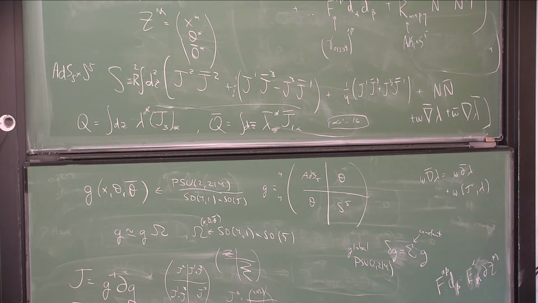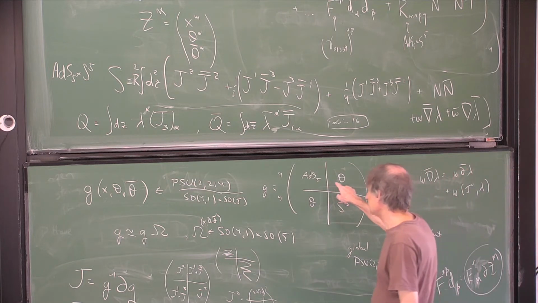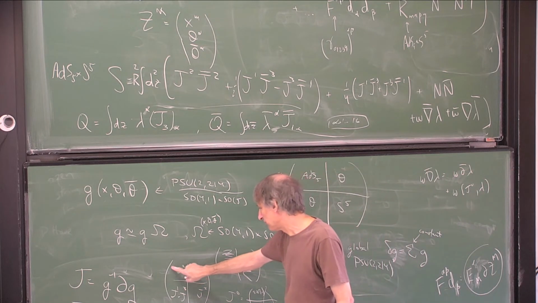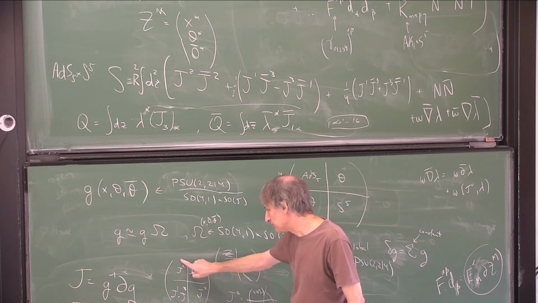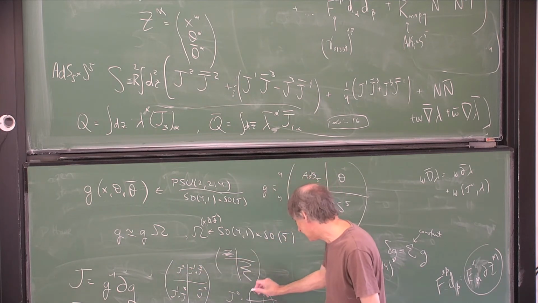You'll get an equation like this, and this becomes these J's. So in the upper left block, there are 15 J2s. There are 5 here and 5 here. So you start with 15, but 10 of them I'm modded out.